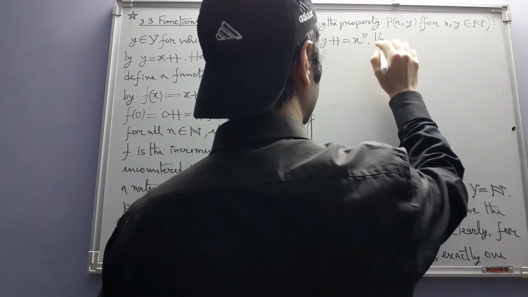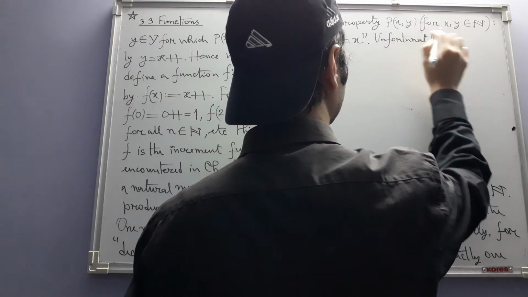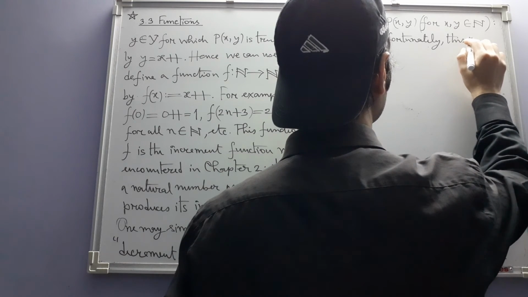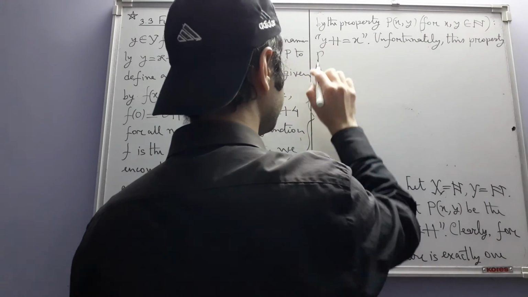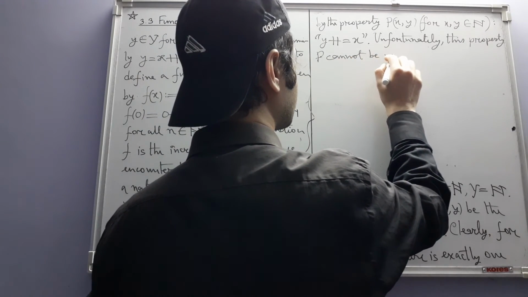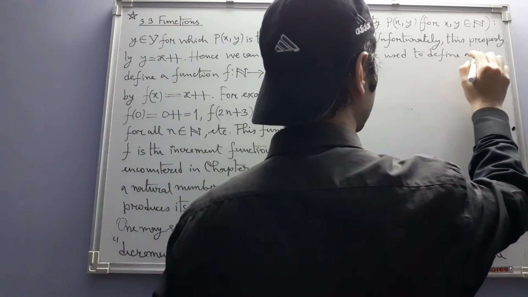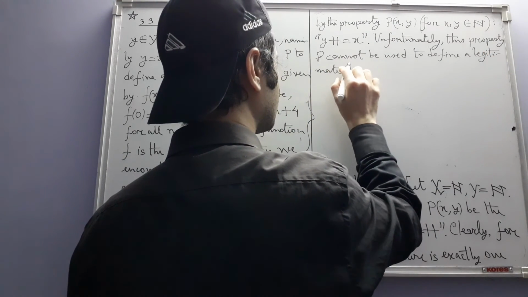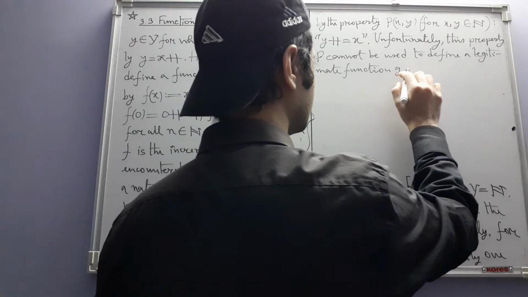Okay. Unfortunately, this property, this new P, cannot be used to define a legitimate function g. Why?